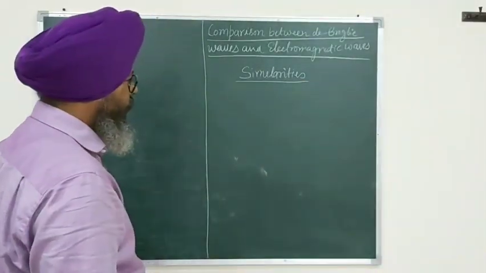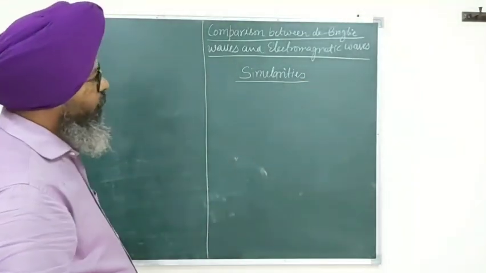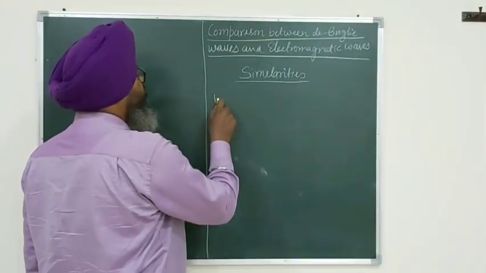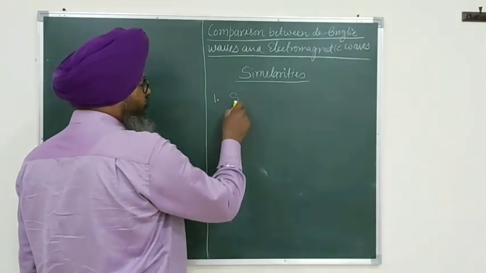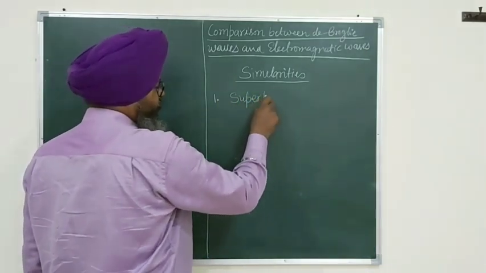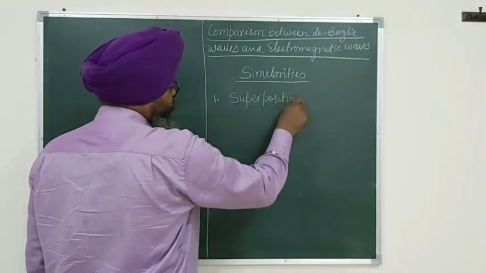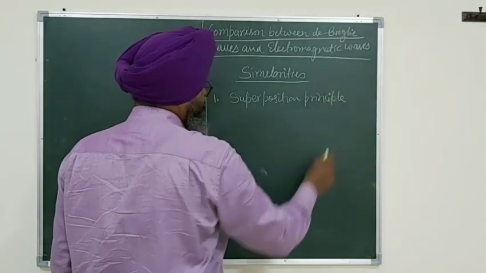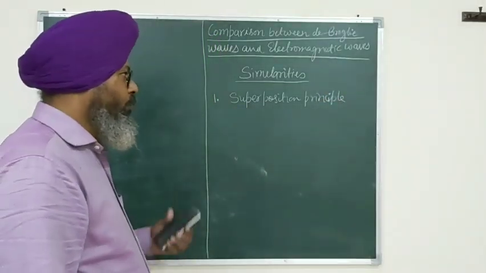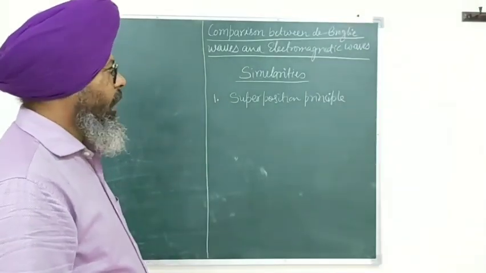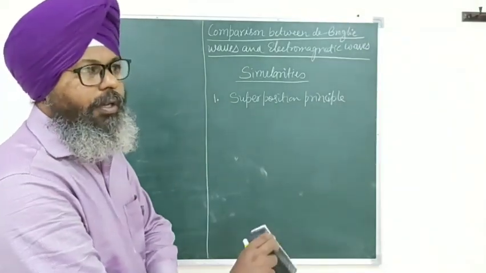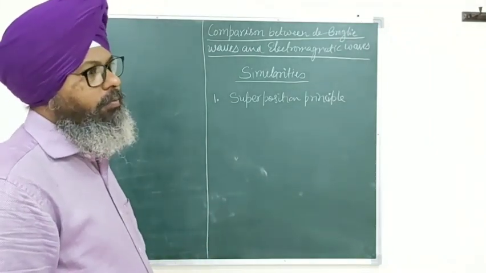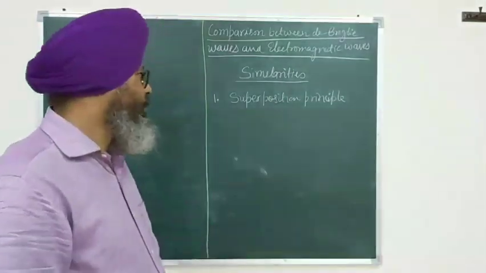Number one, both of these waves obey the superposition principle, means two or more electromagnetic waves can combine to form a third new wave. Similarly, two or more de-Broglie waves can combine to form a new wave, that is called a wave packet.